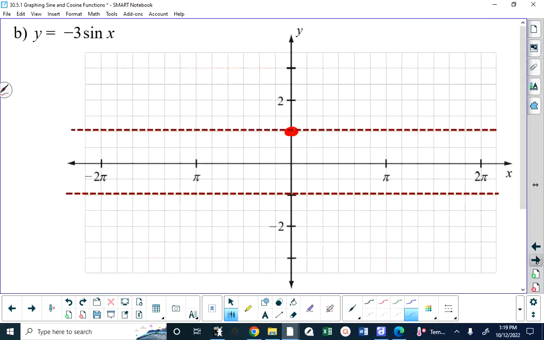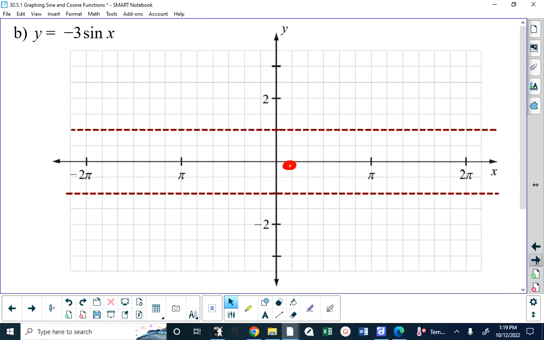I mean, the goal would be that if I looked at B, you should be able to tell me that the amplitude is 3. Because sine x starts here and goes up. Sine x goes up to 1 and down to -1. And it repeats in both directions.